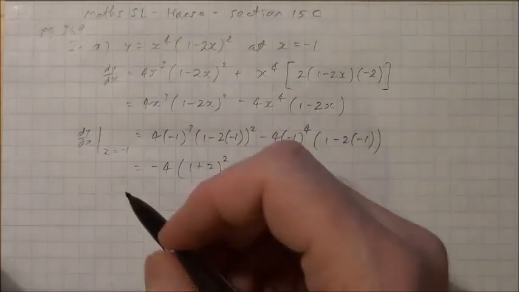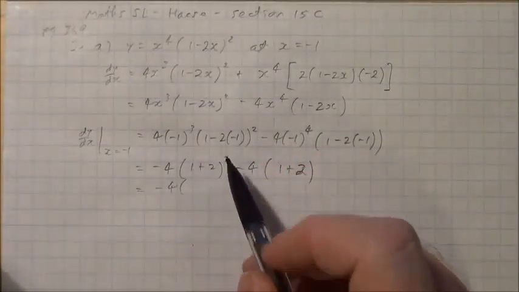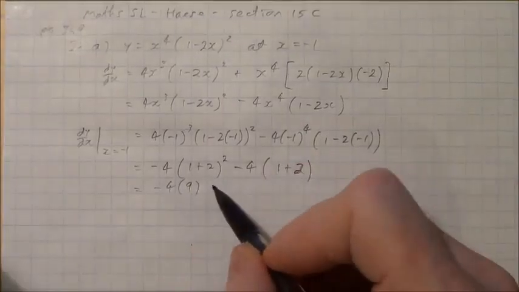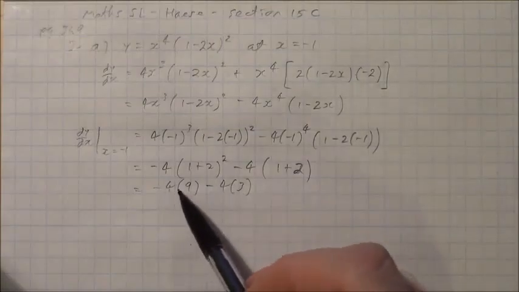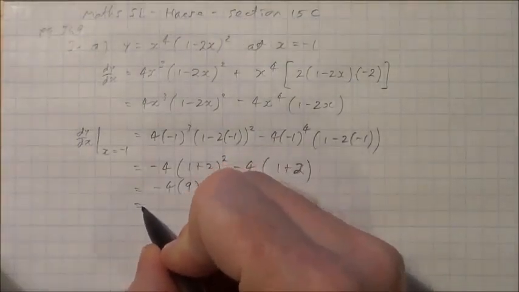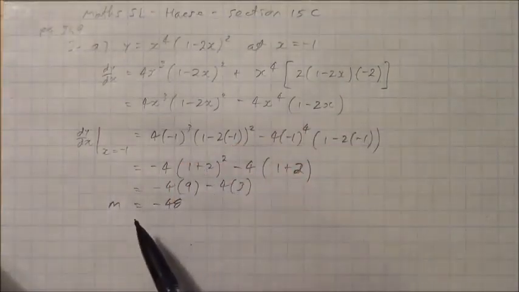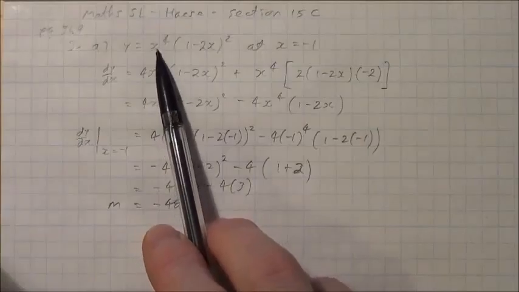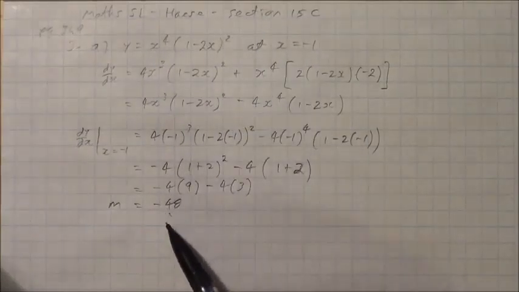And I'll simplify a little bit more. Negative 4, 1 plus 2 is 3, 3 squared is 9, and then negative 4 times 3. Then negative 4 times 9 is negative 36, minus 12 gives me negative 48. So the gradient of this function, evaluated at x equals negative 1, is negative 48.